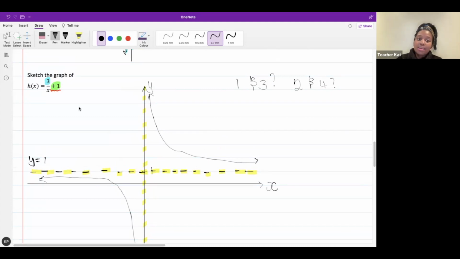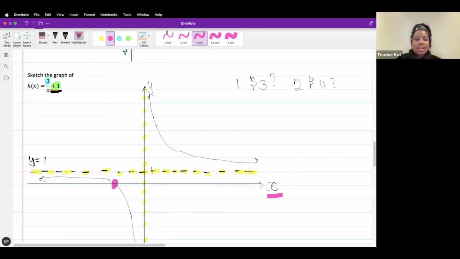Okay, but if I have a vertical shift, then I suddenly have an x-intercept, because now my graph can indeed cross my x-axis there. Do you guys see that? So you guys must just be vigilant. Okay, I think we're all tired, guys.